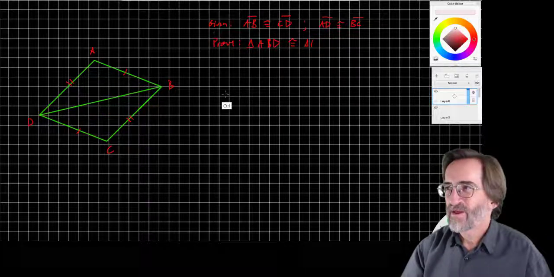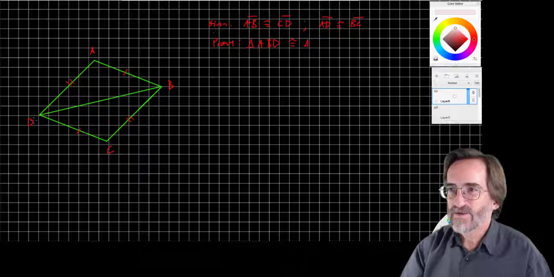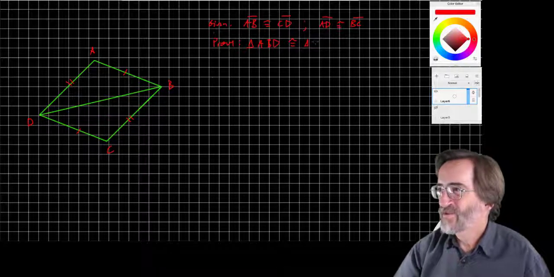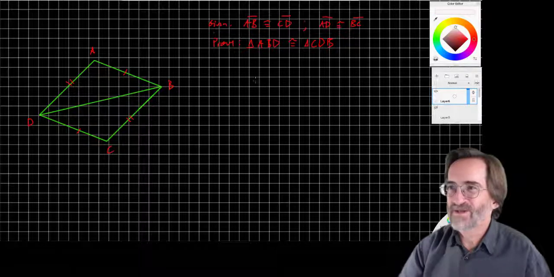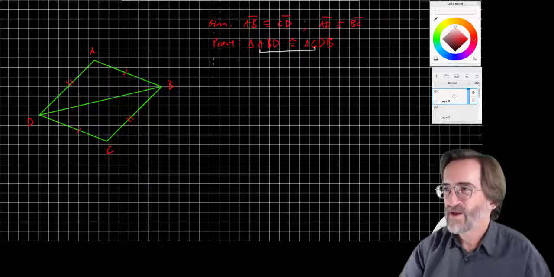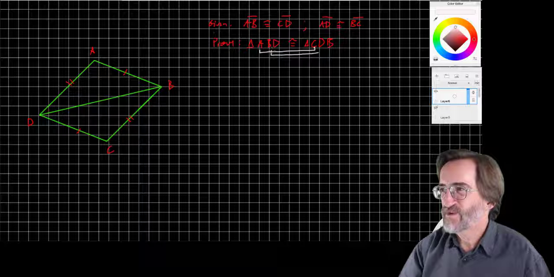Back up. ABD is going to correspond with CDB. CDB. There we go. And that's exactly what I'm talking about. A has to correspond with C. B has to correspond with D. D has to correspond with B.